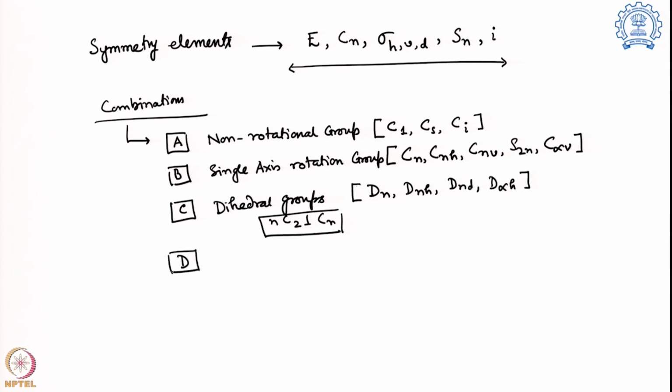And then at the last we can have cubic groups, which belong to tetrahedral and octahedral, which are highly symmetric point groups.